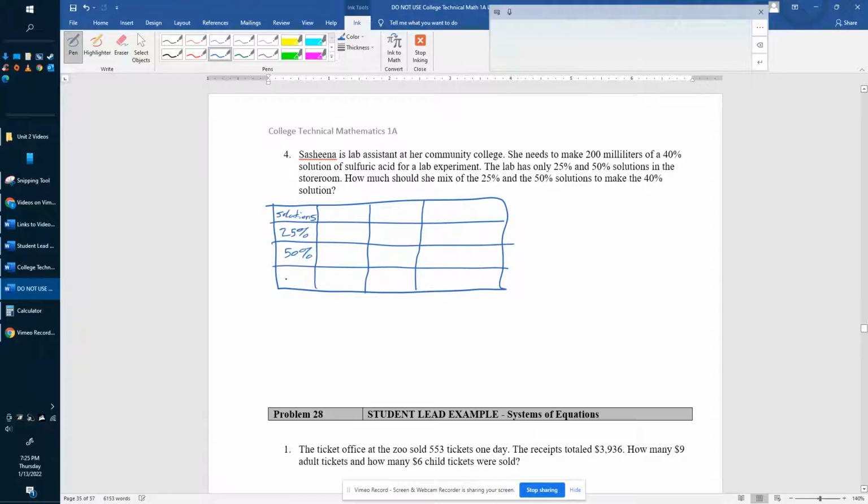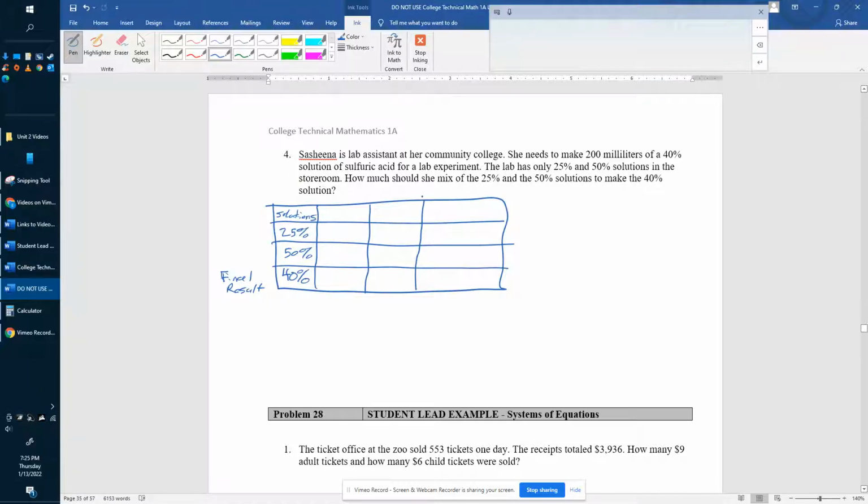And our total row is going to be what she needs, which is 40%. So her total, when she mixes these together, is going to be a 40% solution. Make sure you're not putting these in numerical order. We want the final result in the bottom every time. We did this in the trail mix problem above too.